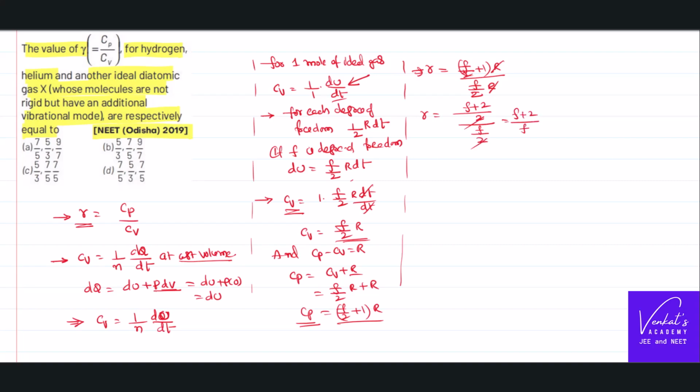So gamma equals 1 plus 2 by F, which is the formula I need to use to find the value of gamma for different gases, where, be careful, F is called the degree of freedom. Once you understand this basic aspect, then we can go to the problem, right?